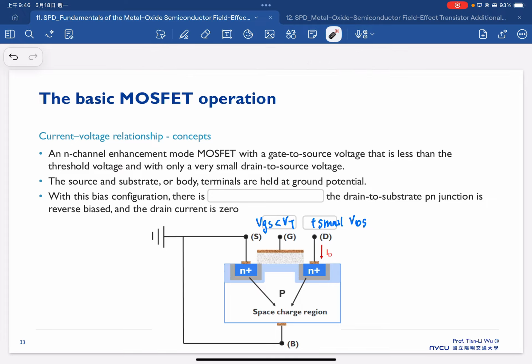The source and substrate or body terminals are held at ground potential. So we will ground the source and also the body as usual. That's a normal operation condition. So with this bias configuration, there's no electron inversion layer.